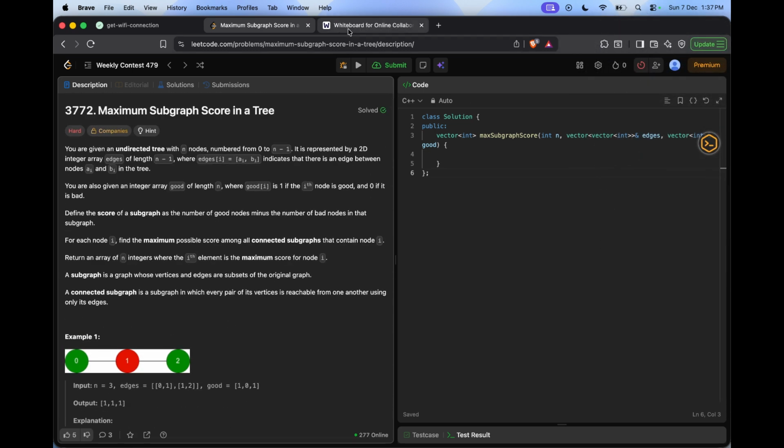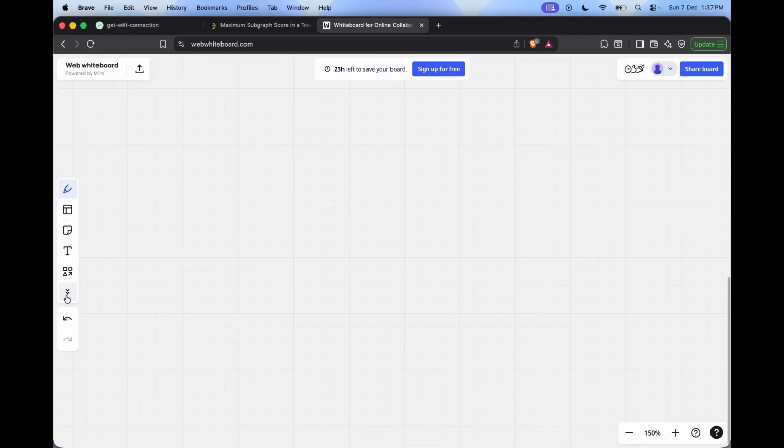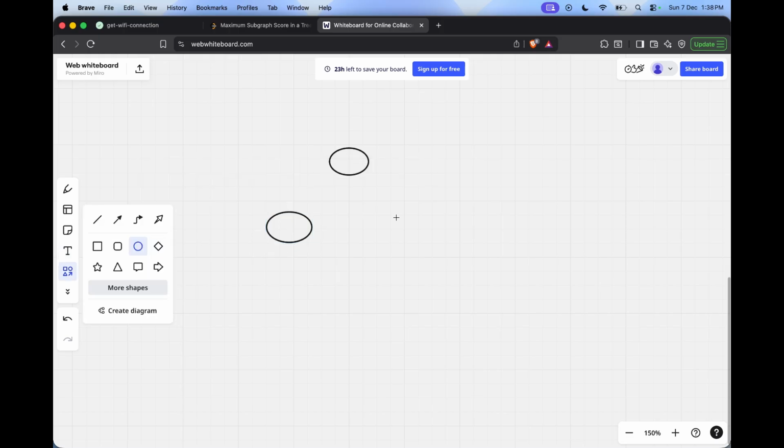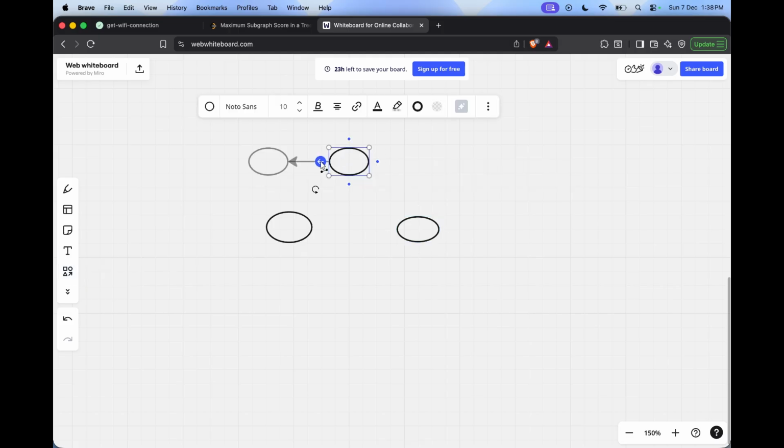So let's understand the problem statement well. What are we given? We are given a graph which consists of some good nodes and some bad nodes. Let's say there is an edge between these two nodes.